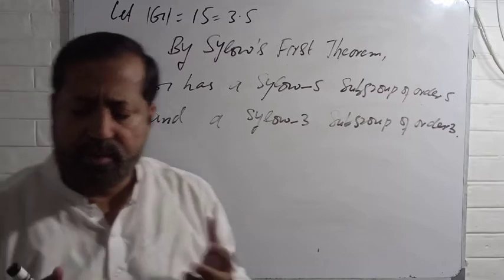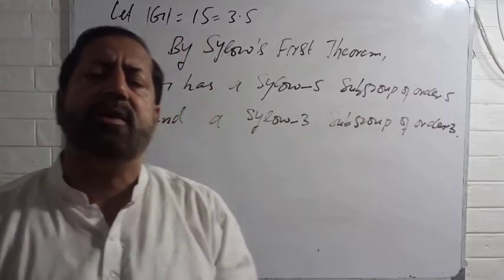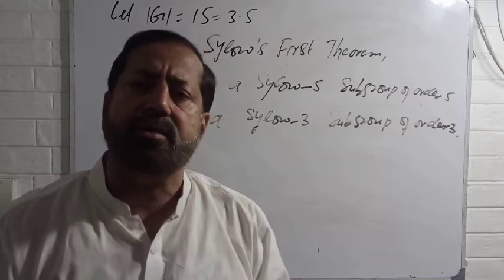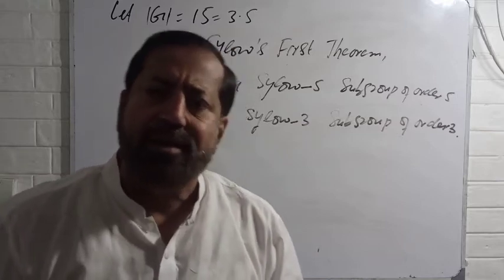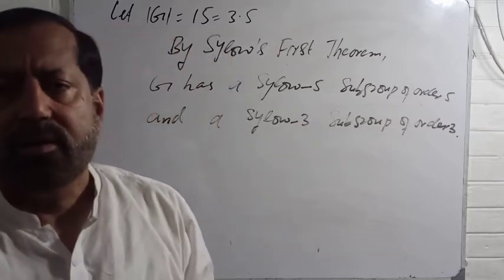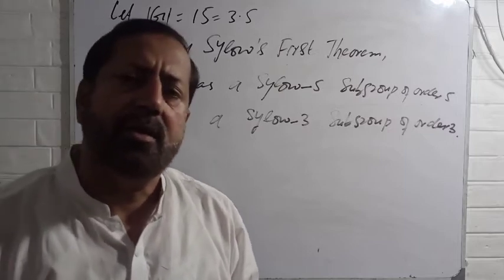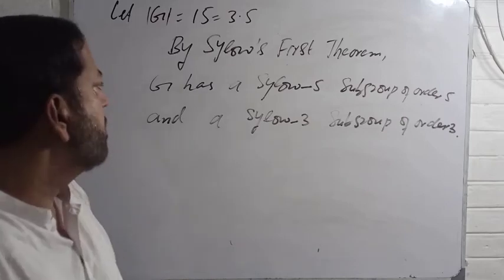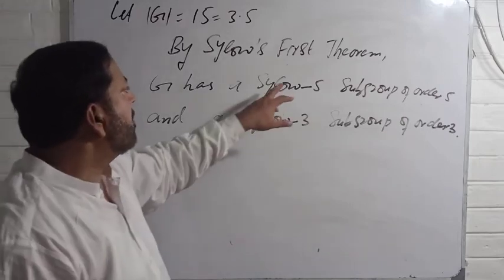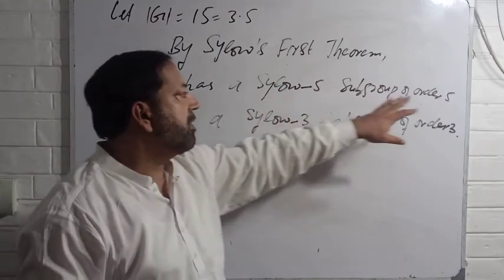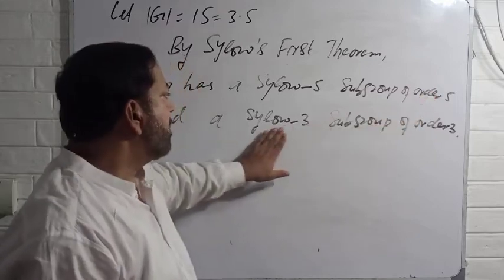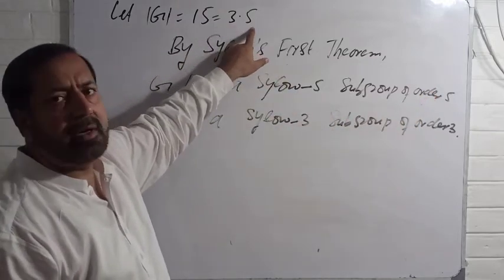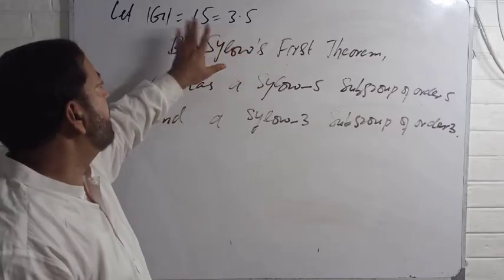Since 3 and 5 are the divisors of 15, using Sylow's first theorem it is clear that G has a Sylow 3 subgroup and a Sylow 5 subgroup. And further, the order of the Sylow 5 subgroup is 5 and of the Sylow 3 subgroup is 3 because 3 and 5 are the factors of 15.